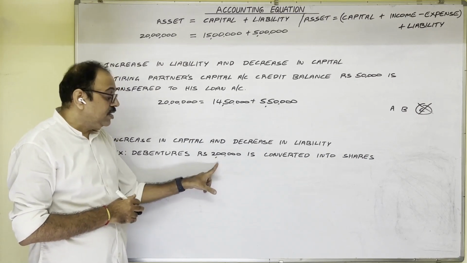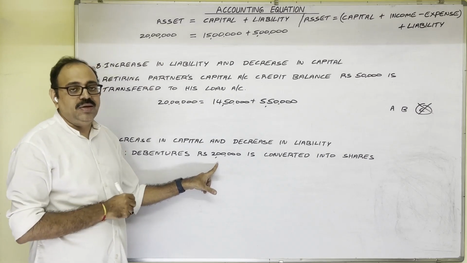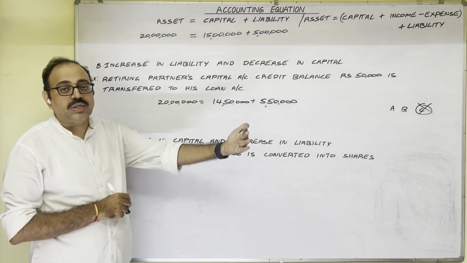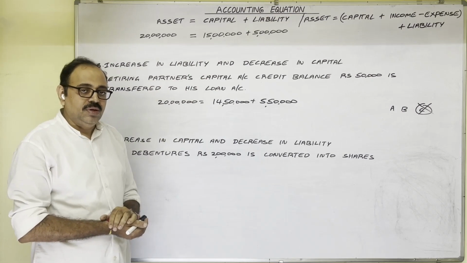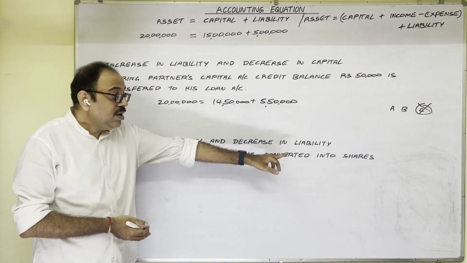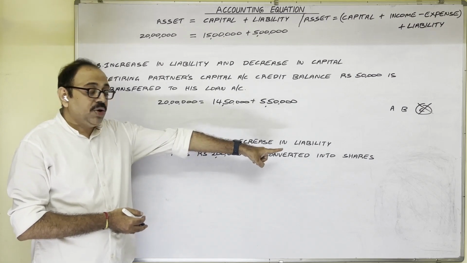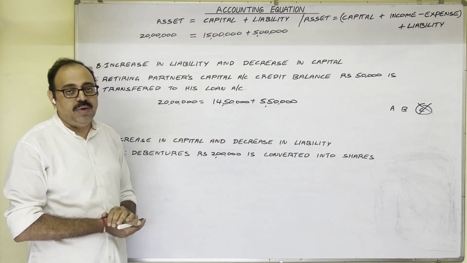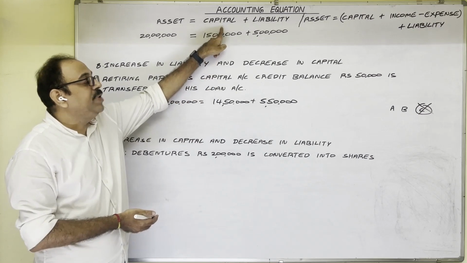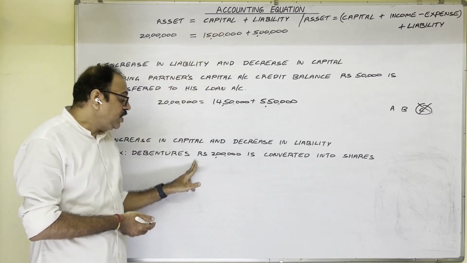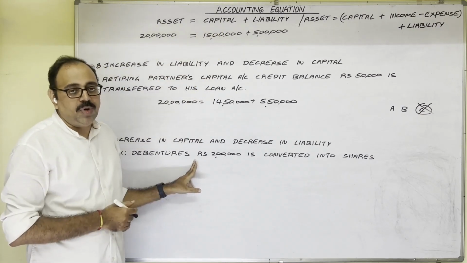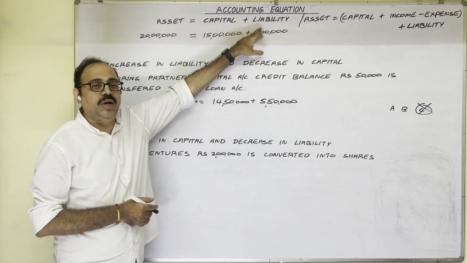So debenture comes under liability because debenture holders are outsiders of the company. Shareholders are company owners. So from shareholders, if the company collects any amount, it comes under capital. From debenture holders, if the company collects any amount, it comes under liability.